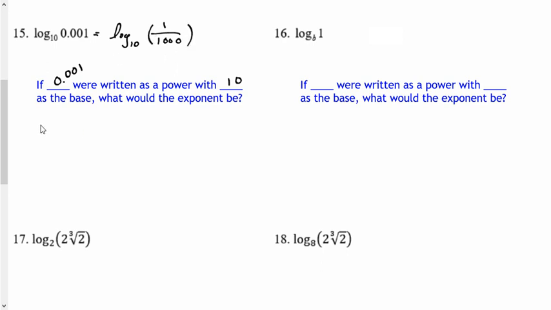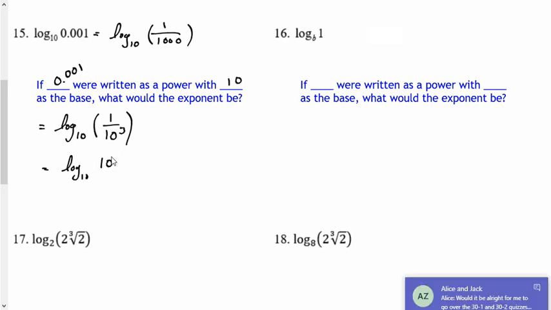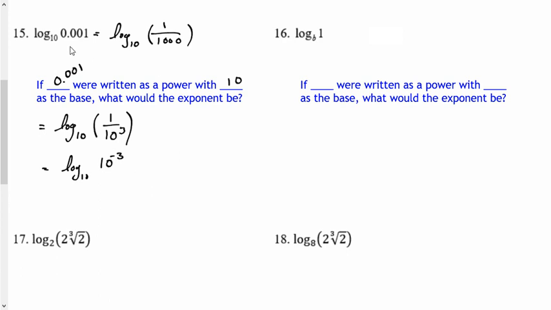So this is the log base 10 of 1 over 10 cubed, which is the same as the log base 10 of 10 to the negative 3. So if 0.001 were written as a power base 10, which is what we did, what is the exponent? The exponent is a negative 3, and that's what the logarithm tells us.